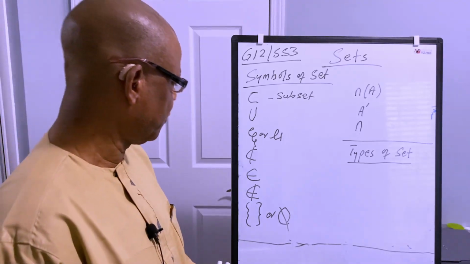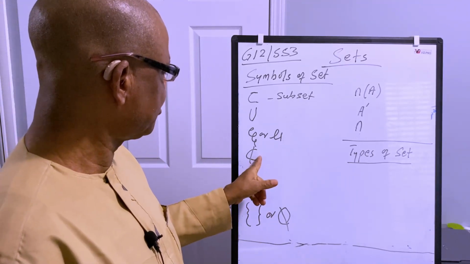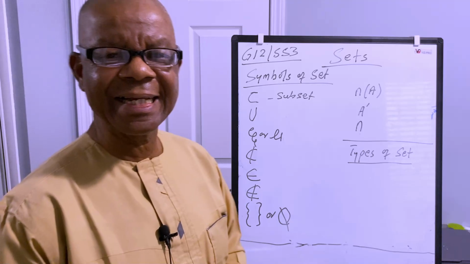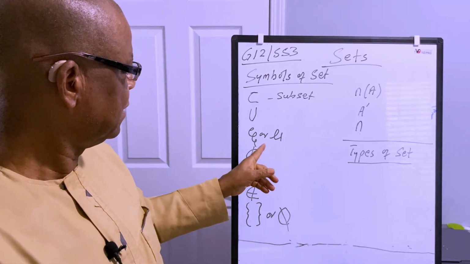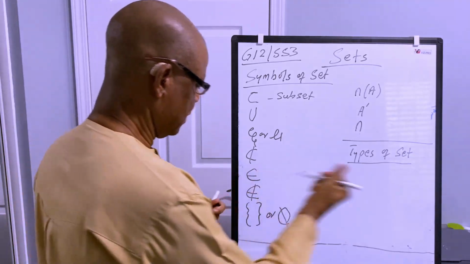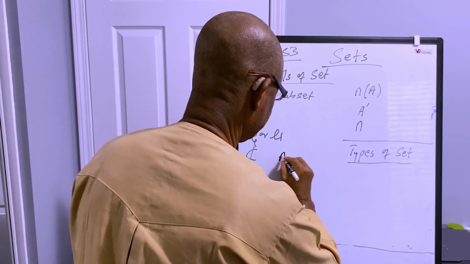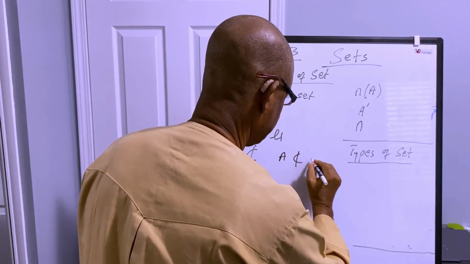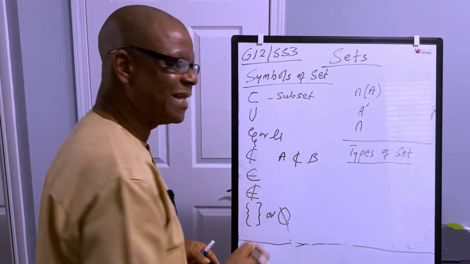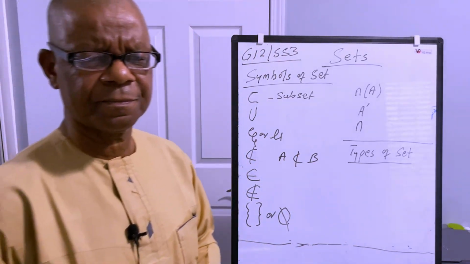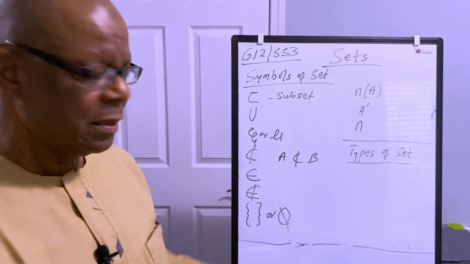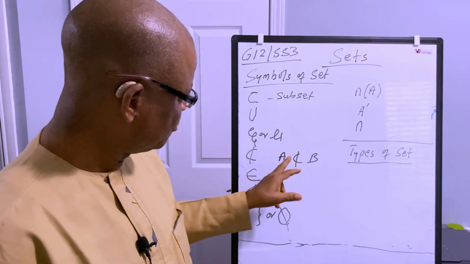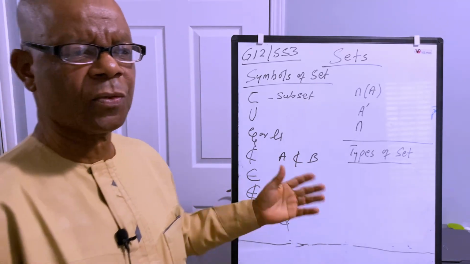You were told that before. Now, this is the negation of a subset. When you have this, it means that A is not a subset of B. It's not in B. That is what it means.